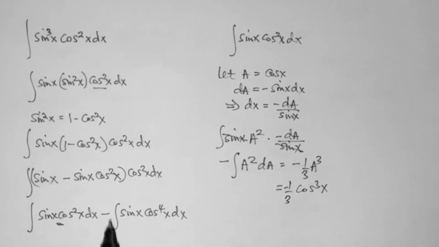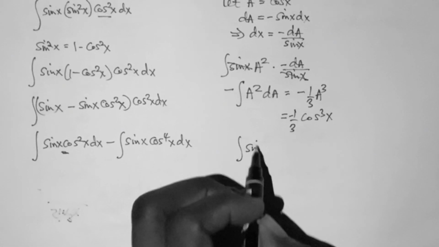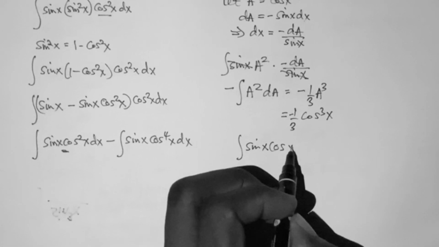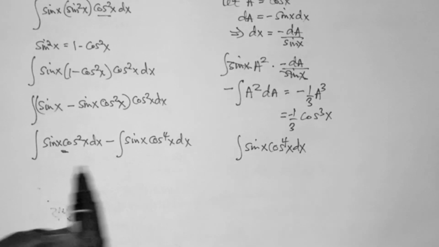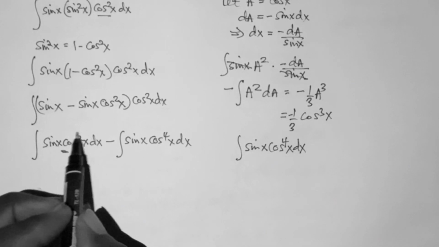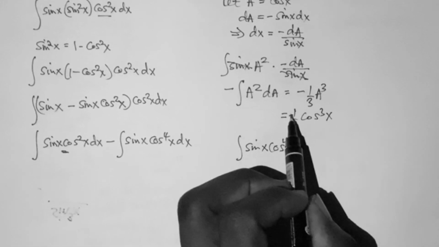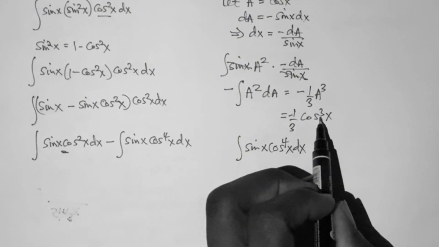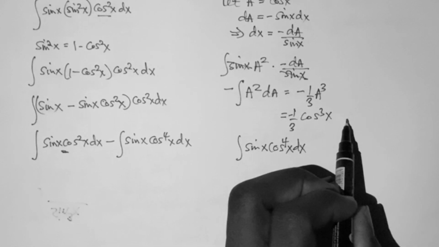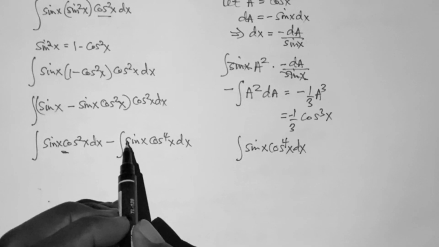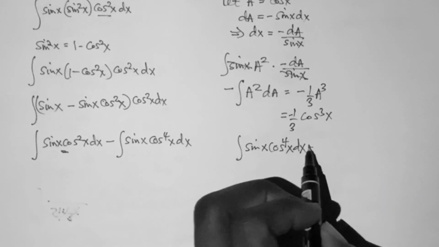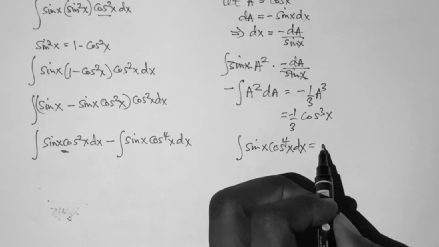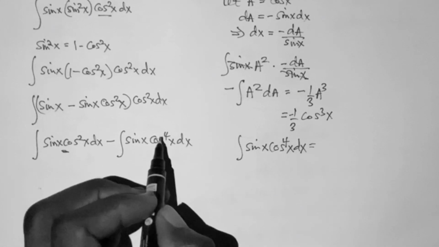Then now let's do the same thing for this one, which is the integral of sine x cos x exponent 4 dx. So you see that this one was cos squared x, then we got minus 1 over 3 cos cubed x. Because this one is cos x exponent 4, then without going through all these steps, I can write this as you add 1 to the power.